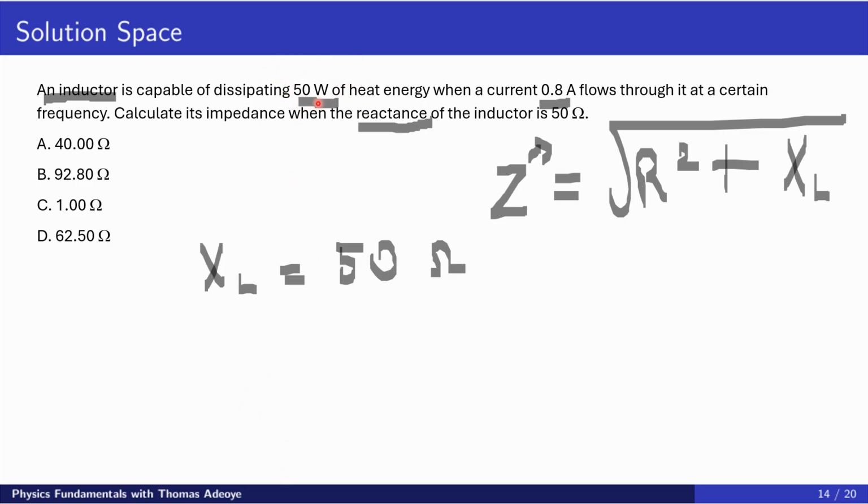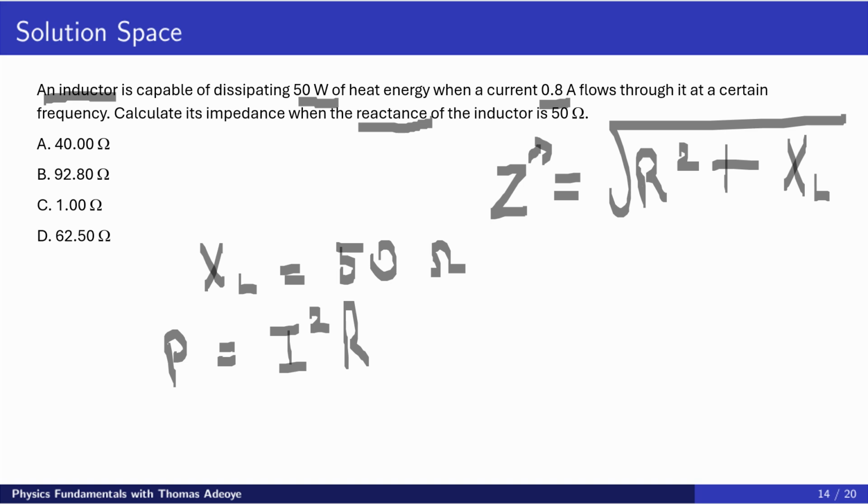When I saw that power was dissipated, I got to know there is resistance here. The formula for power dissipation is power equals I squared multiplied by resistance. If resistance is 0, the power would have been 0. That's why I got to know there is resistance.